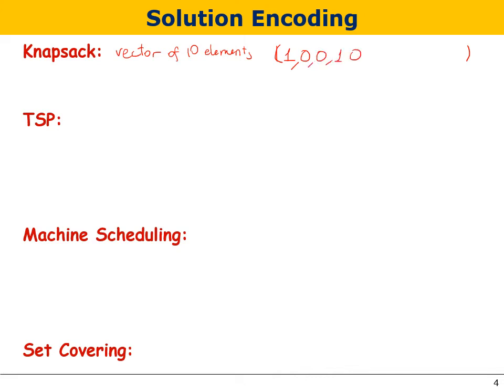Fourth one, fifth one, and so on. In fact, you don't need the parentheses or the commas. You can just represent the solution as a sequence of zeros and ones: 1, 0, 0, 1, and so on. This is just the representation of the solution.